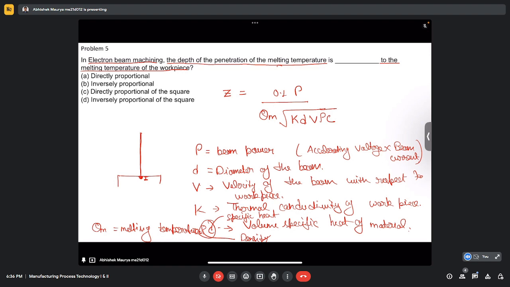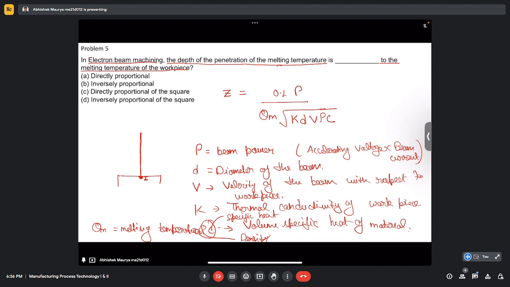So definitely if the melting temperature of the workpiece is smaller, then we will get higher depth, basically more. By giving the same amount of energy, we can melt more material.